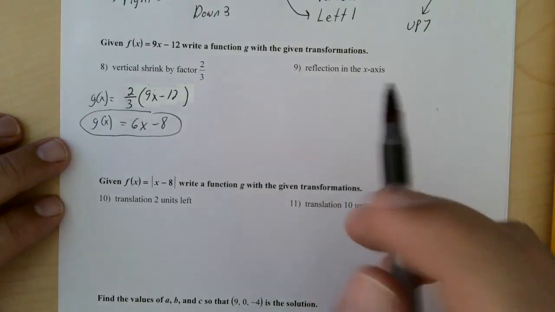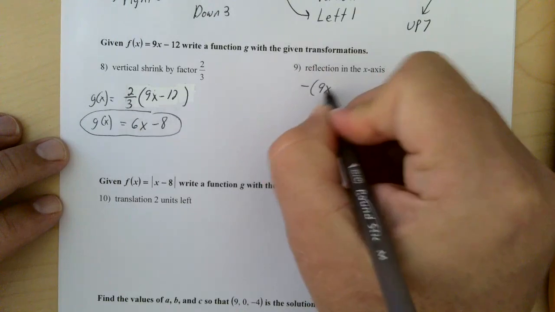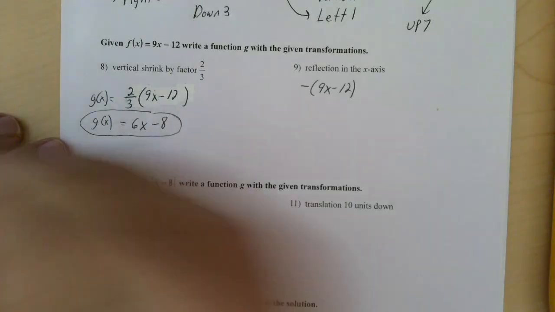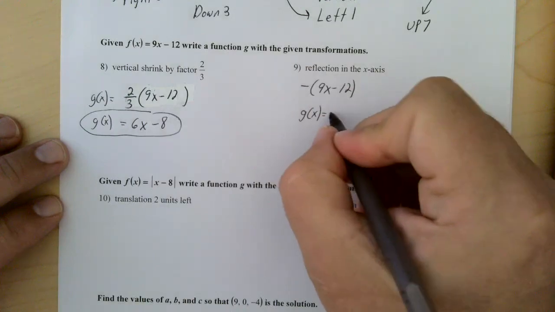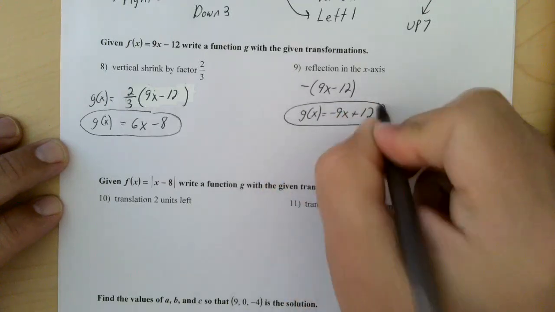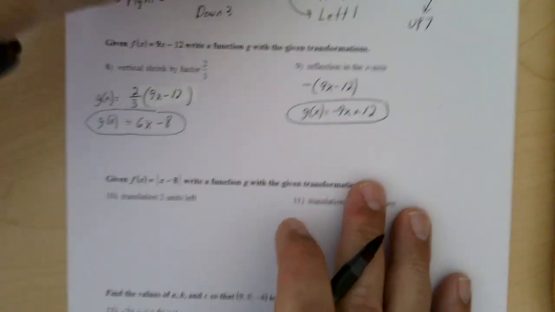Okay. A reflection, you just have to remember, super easy, you did these in big ideas, you must make sure you distribute that negative. So when you distribute the negative, it's going to be -9x and a positive 12. That's how we reflect, and you can check on a calculator. You can see that it is truly a reflection, okay?